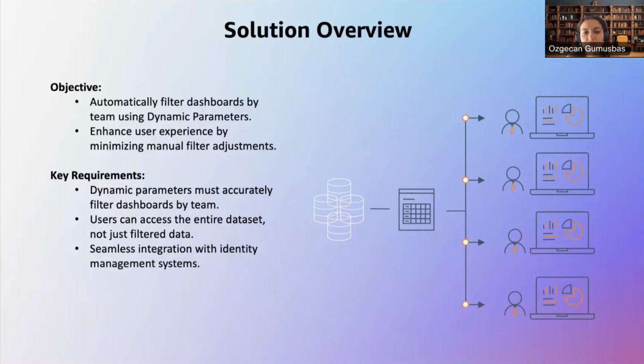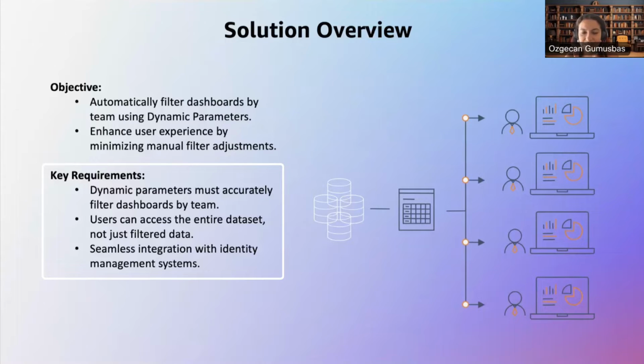So what are the key requirements? These dynamic parameters should accurately filter dashboards by team. When I open the dashboard, if I'm in the EMEA region, I should see the EMEA results. And this is one important part that I should highlight: users can have access to the entire data set when we are using dynamic parameters.